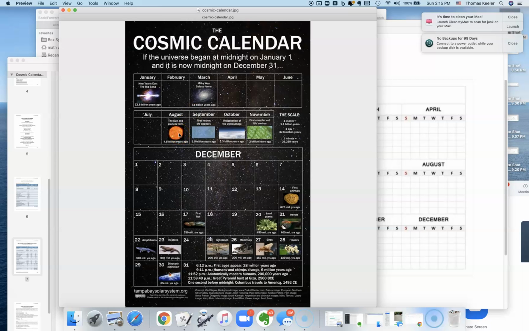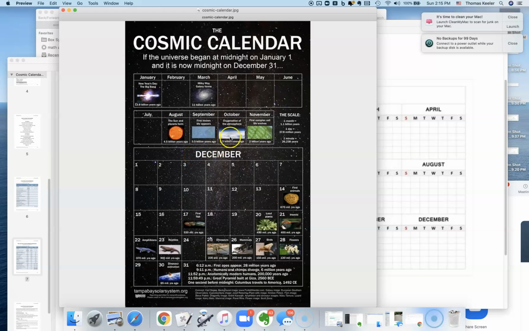So two thirds of the history of the universe is over, and the sun and the planets form. Okay. And then life starts to appear on Earth, like in September, out of a year with 12 months. In the 9th month, life starts to appear. So a long, unimaginable amount of time with no life, at least no life on Earth. We're not sure. Life may have developed somewhere else.